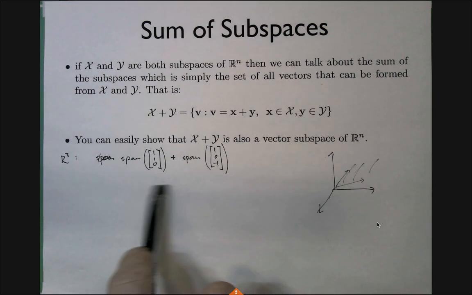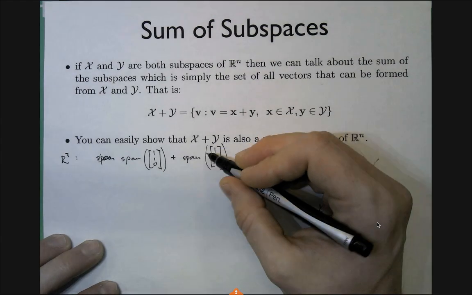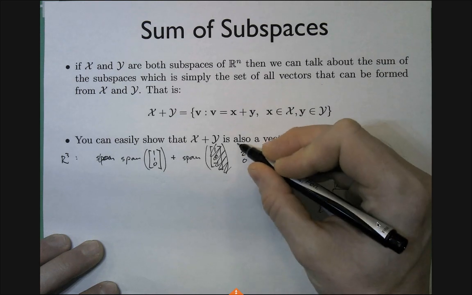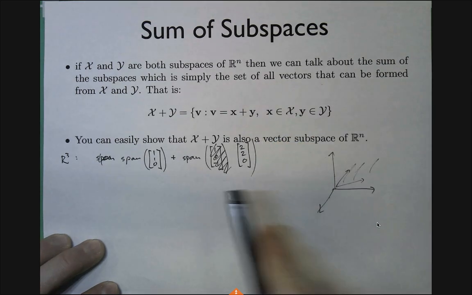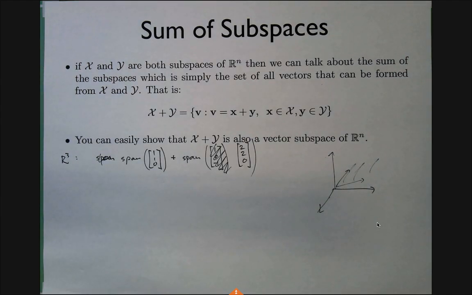The only case when I would not get a plane in this construction is if I was so unlucky and picked here a vector like (2, 2, 0), which points in the same direction. I would not get any plane, I would just get the same line back, because I'm not really adding anything new, I'm just adding the subspace to itself. Okay?